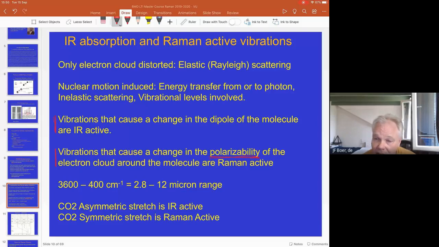So you could say this is an electron cloud that is less strongly bound to the atom nuclei. If we have an electron cloud that is not so tightly bound to the nuclei of the atoms, you can imagine that it's easier to make this electron cloud shake, or the amplitude of the motion of that electron cloud will be larger, and so it's easier, so to speak.